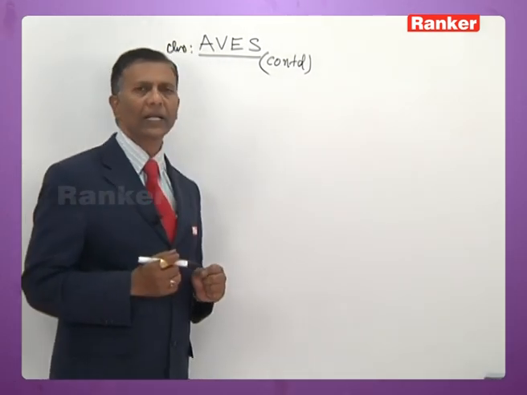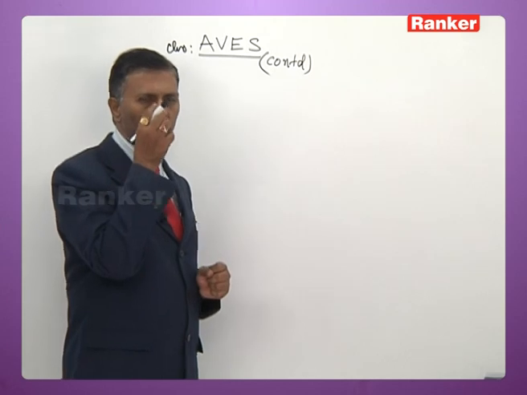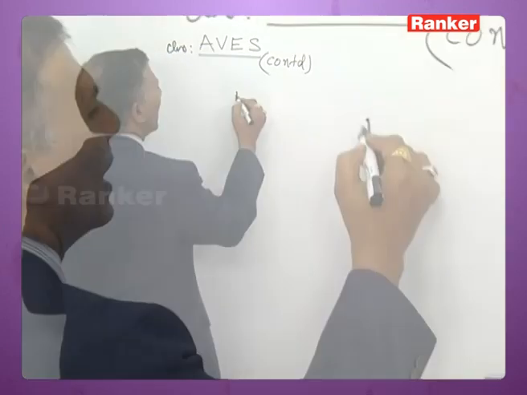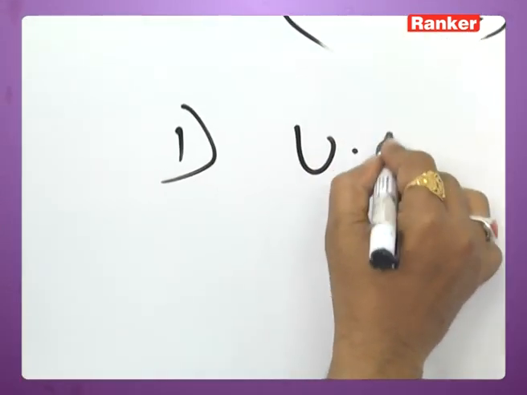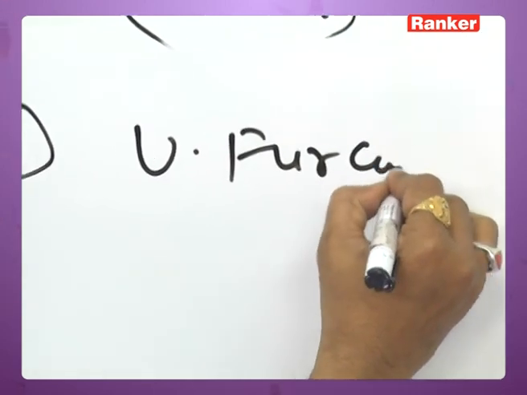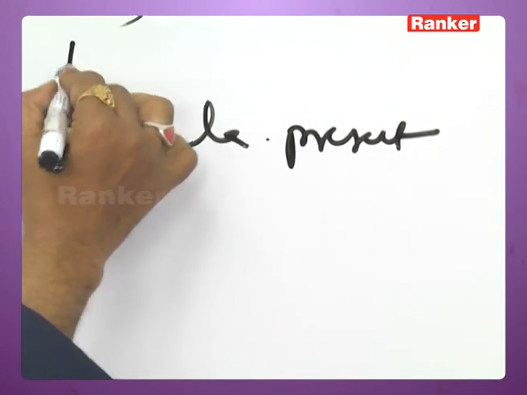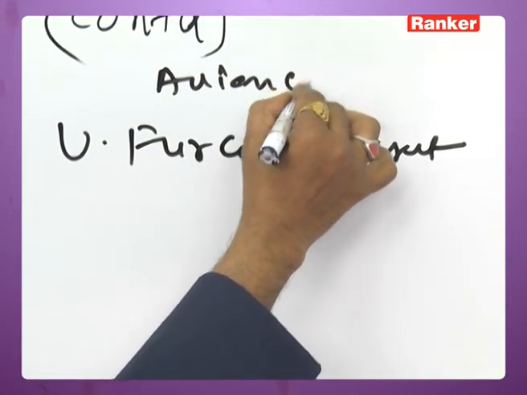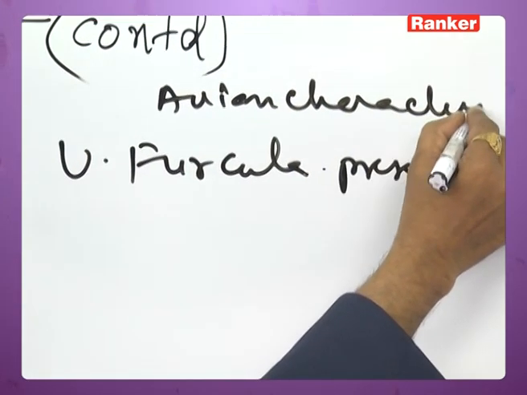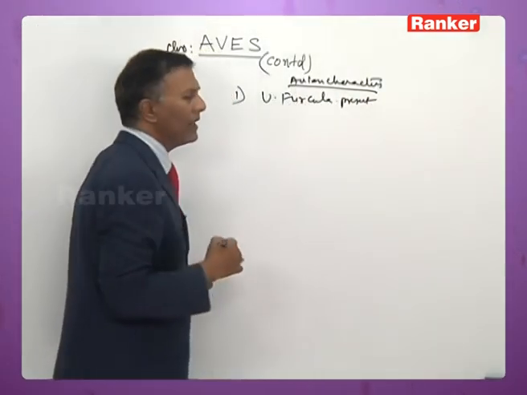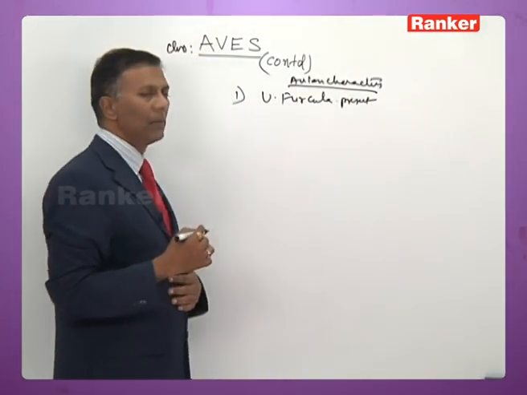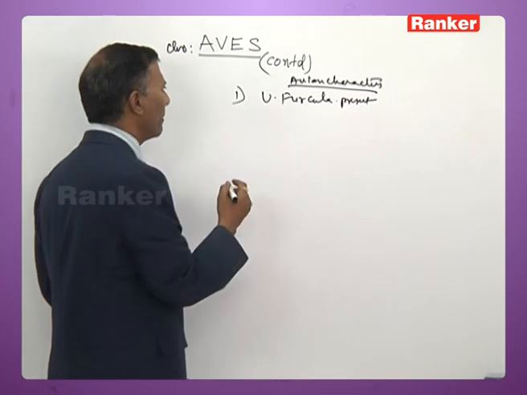Now some important characteristics of Archaeopteryx. The avian characters of Archaeopteryx: number 1, presence of U-shaped furcula.